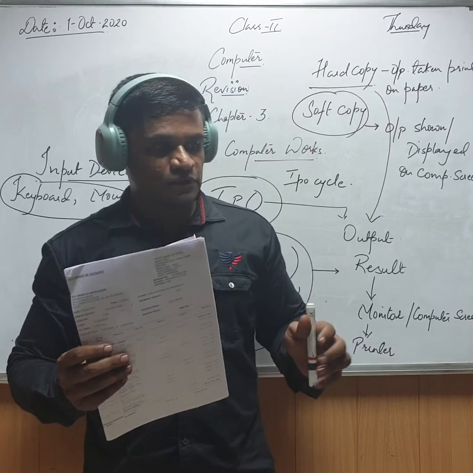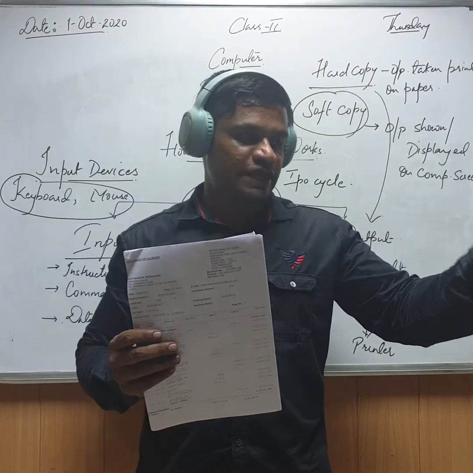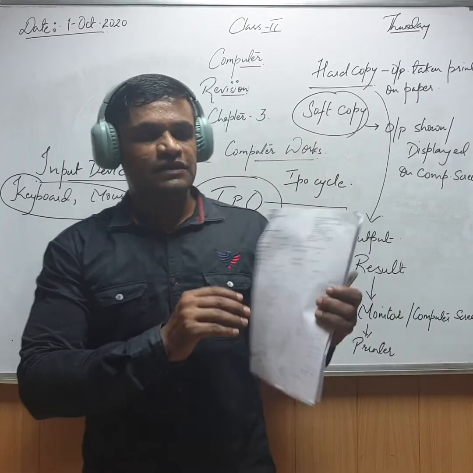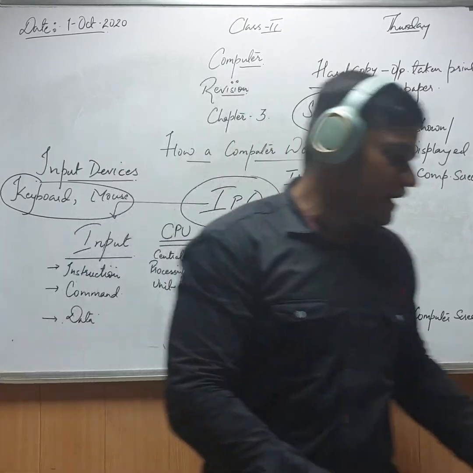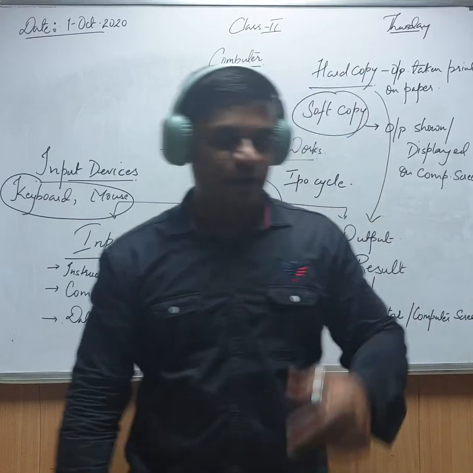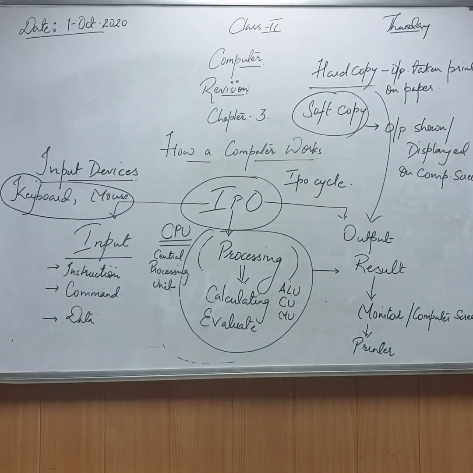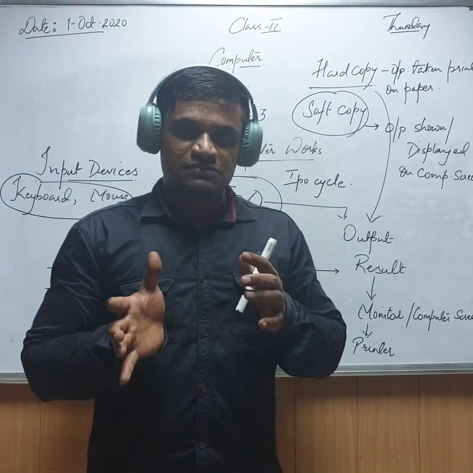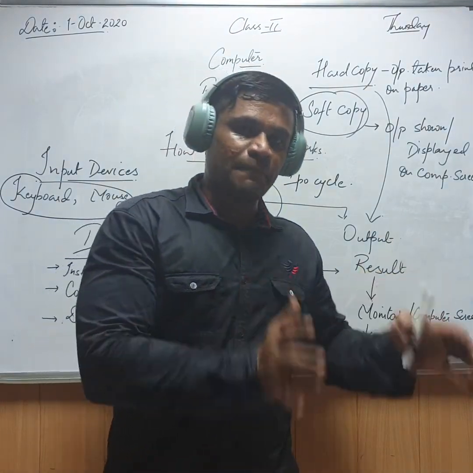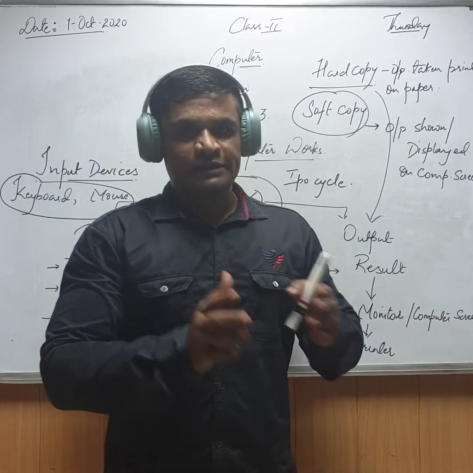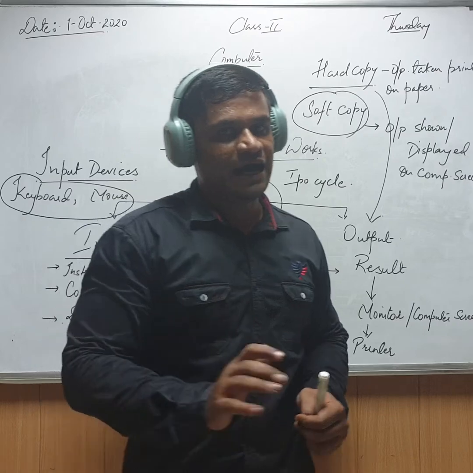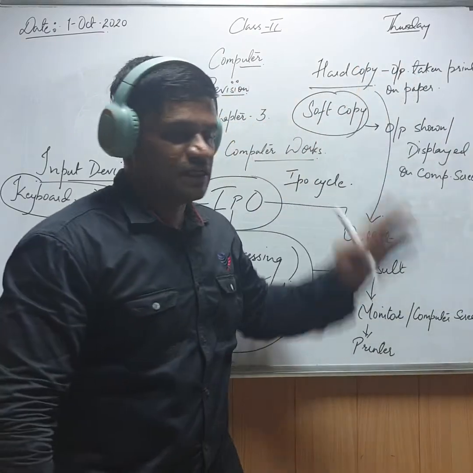So the content saved in the computer is a soft copy. The content printed on a paper is the hard copy. This is the difference between these two terms.